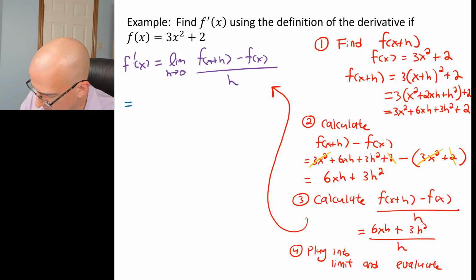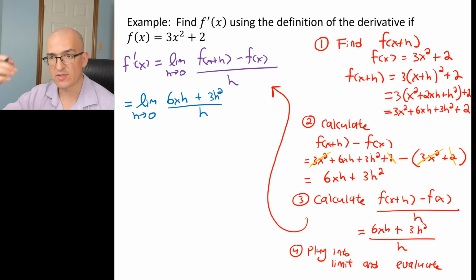So we get the limit as h approaches 0 of 6xh plus 3h squared all over h. If we take the limit right now, we get 0 over 0.